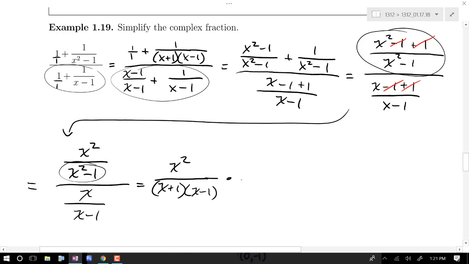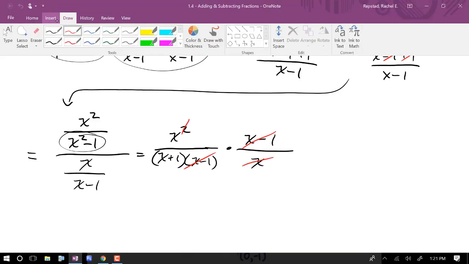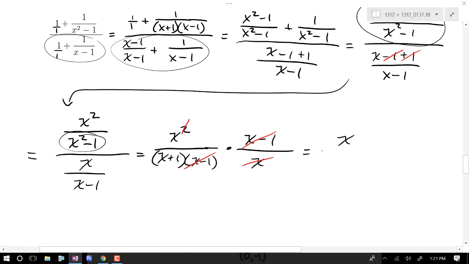And then we will multiply by the reciprocal of the bottom, x minus 1 over x. Now is the fun part, where we whip into a frenzy of canceling, and we're left with x over x plus 1. So that is one technique.